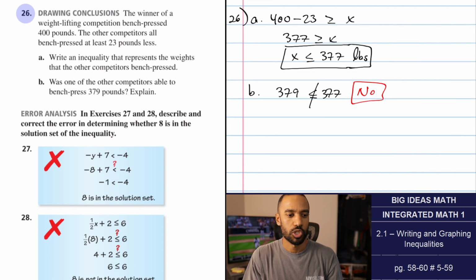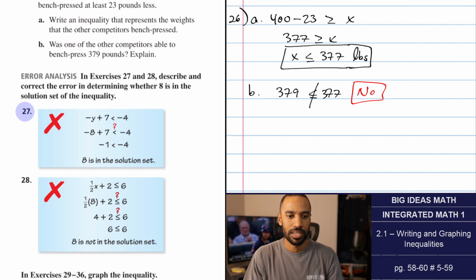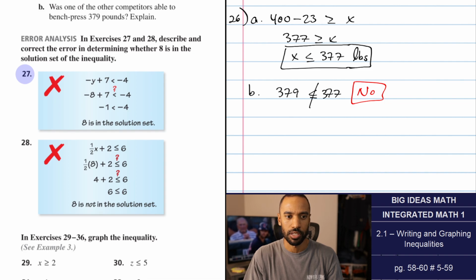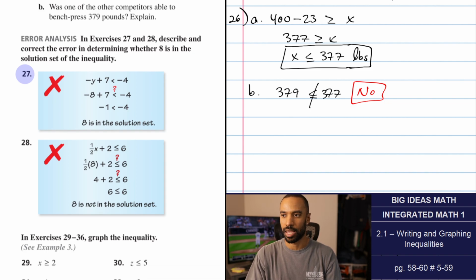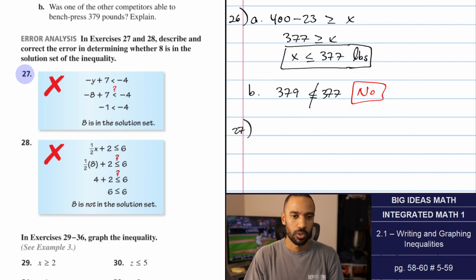Okay, numbers 27 and 28: describe and correct the error in determining whether 8 is in the solution set of the inequality. So on both problems, they are going to substitute 8. On number 27, let's take a look at what they did and where they went wrong. Negative y plus 7, that's the original. They did a substitution, that's fine. Negative 8 plus 7 is negative 1, that's fine.